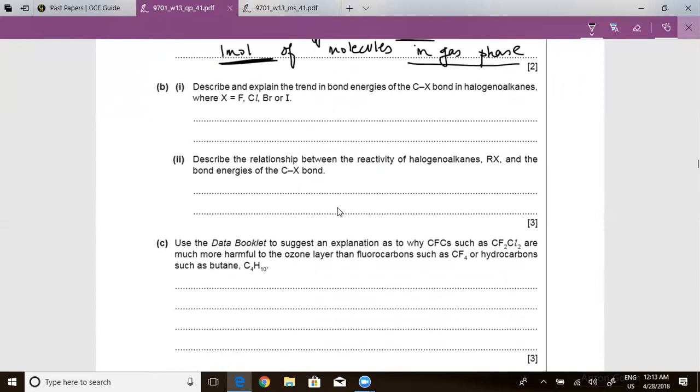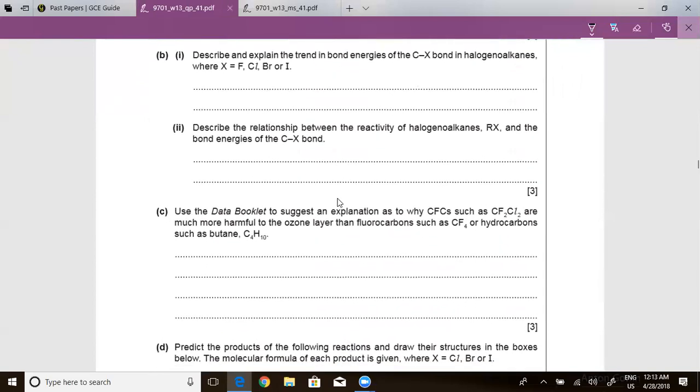Describe and explain the trend in bond energies of C-X, where X is F, Cl, Br, or I. So C-F is the strongest bond and C-I is the weakest bond, I guess. So bond energies tend to be less endothermic as you go down the group. As you go down the group, as radii increase, bond length increases.